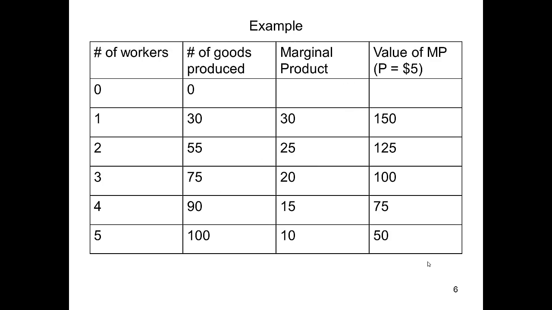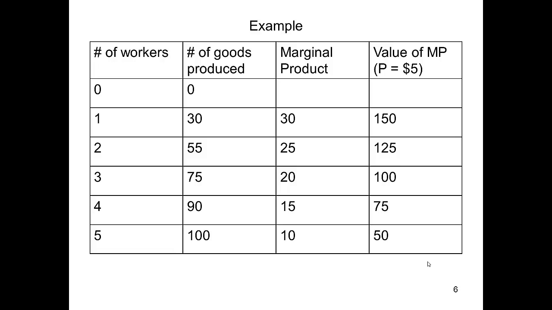So let's look at an example. This is the same table that I had shown you before. It shows the number of workers, the number of goods produced, the marginal product, and then the value of marginal product under the assumption that the price of output is $5. So when we add the first worker, we get a total of 30 goods produced relative to 0. So the marginal product is 30 minus 0, which is equal to 30.